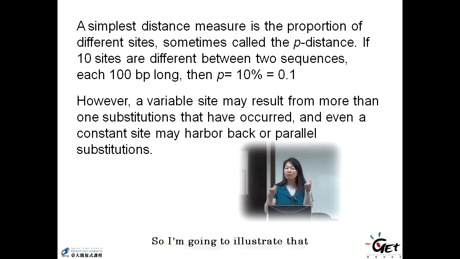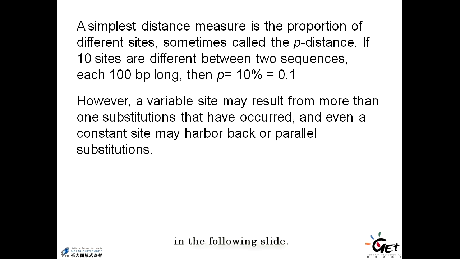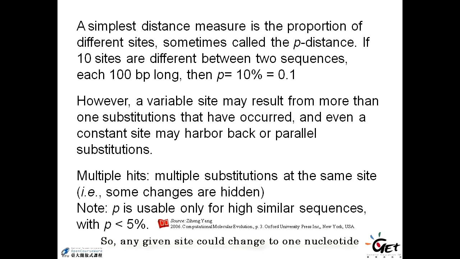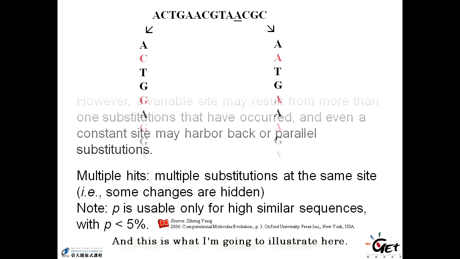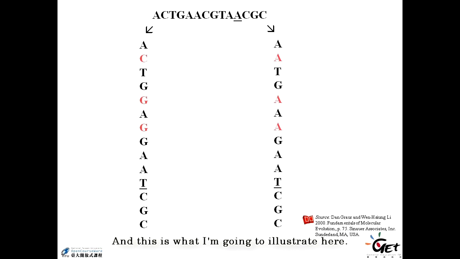I'm going to illustrate that in the following slide. Any given site could change to one nucleotide and then change to a different one, but at a given time point you only look at the two states, assuming we are only comparing two sequences.